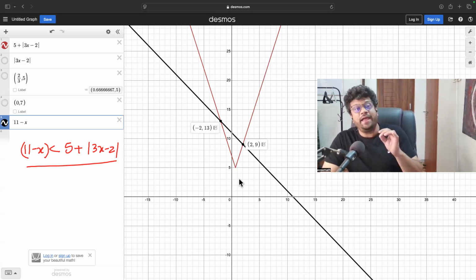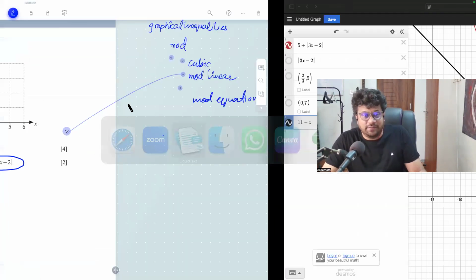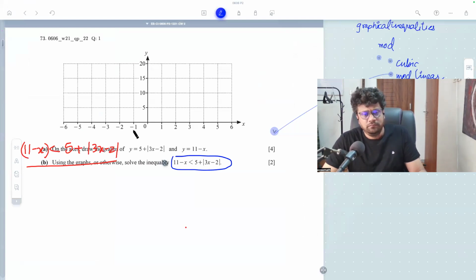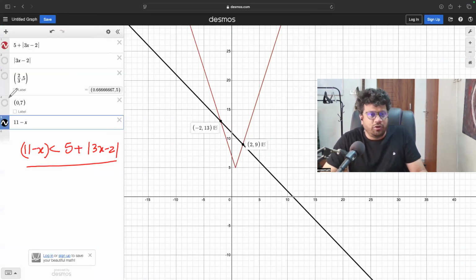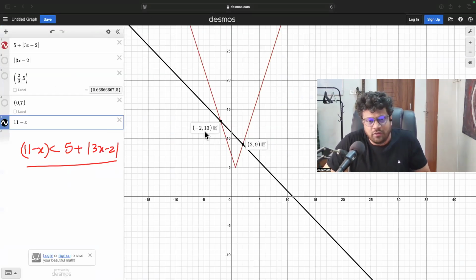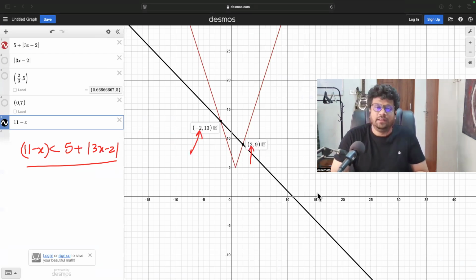You may not be able to sketch them this exactly when you are given a grid, so a range of answers is acceptable, but you want to be close to what Desmos has there. All I want you to look at is the values of the x coordinates where these two curves are meeting.